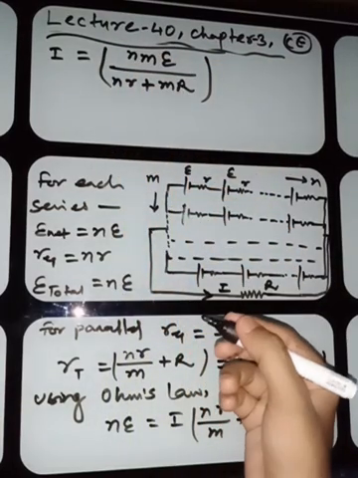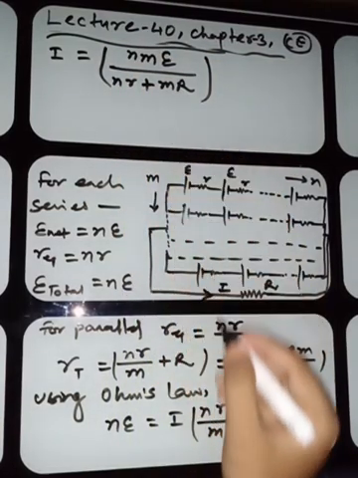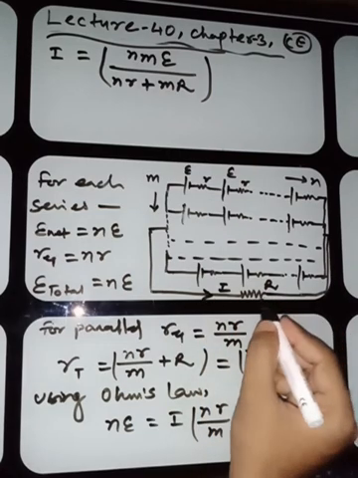Okay, my students, so this is the current through the external resistor.